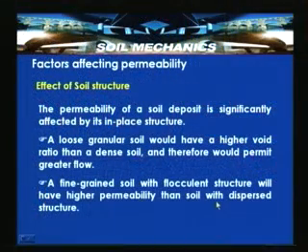That means the gradation or particle size composition is also very important when you consider flow through a soil. A fine grained soil with flocculent structure will have higher permeability than soil with dispersed structure. We discussed this while discussing the compaction characteristics of soils. For a given compactive effort, the fine grained soil with a flocculent structure has more permeability than with a dispersed structure.